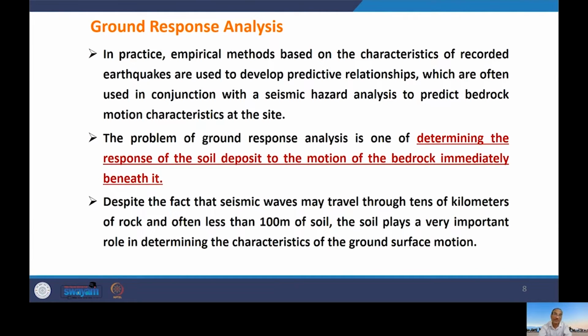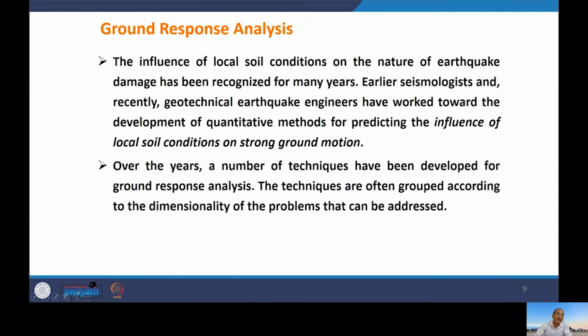However, when these same waves are passing through the soil, which is maybe only meters thick, then their characteristics change much. So this is the objective of today's lecture, how the soil influences the ground motion. The influence of local soil conditions on the nature of earthquake damage has been recognized for many years. And earlier, the seismologists and later geotechnical earthquake engineers have worked toward the development of quantitative methods for predicting the influence of local soil conditions on strong ground motion.